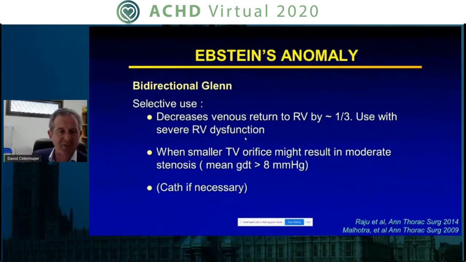And sometimes cardiac catheterization is very helpful in determining who should and shouldn't have a bidirectional Glenn procedure for these reasons, to measure the RV end diastolic pressure, remembering that cardiac catheterization could be arrhythmogenic in patients with severe Ebstein's anomaly, and that most of the information can now be gained either by pre-procedure echo and MRI, or the decision might be made by an experienced surgeon at the time of the procedure, depending on how the tricuspid valve looks after repair. So sometimes it's done as a perioperative decision by the surgeon.